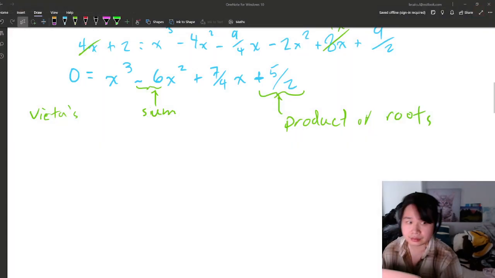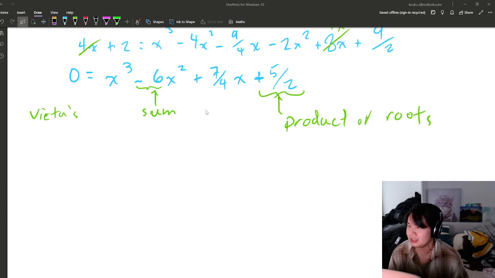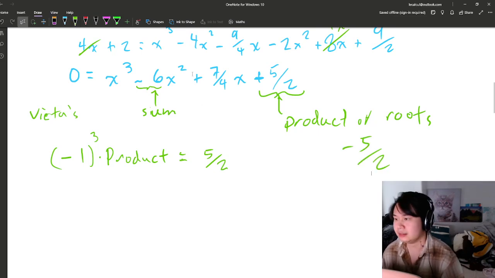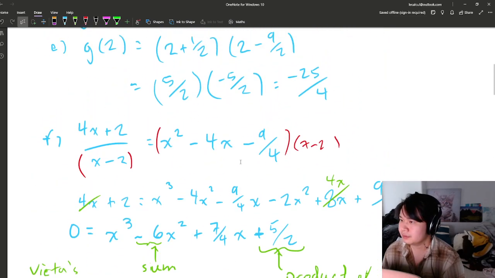So what that's telling me is that the product is, hold on, -1 to the power of 3 times the product of the roots is 5/2. So okay, the product of the roots is -5/2. Yeah, something like that. Tricky.